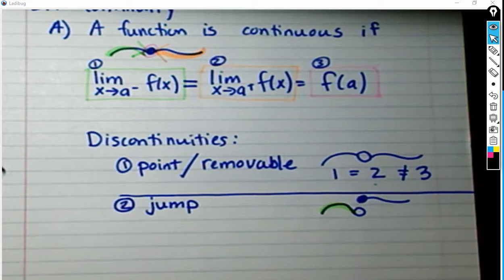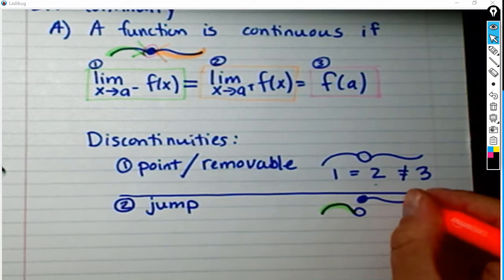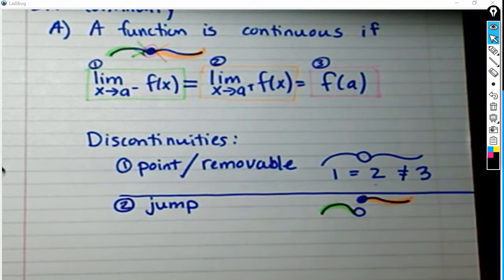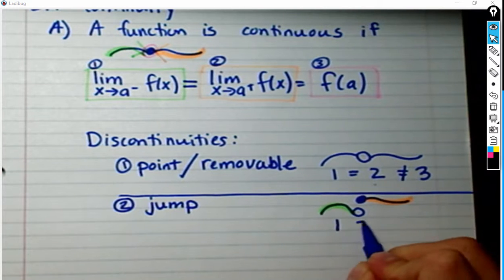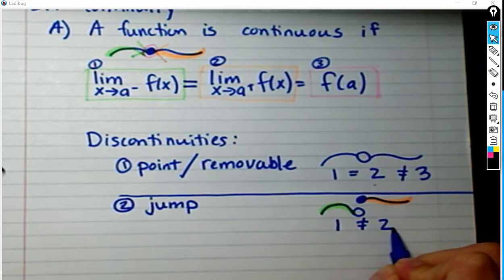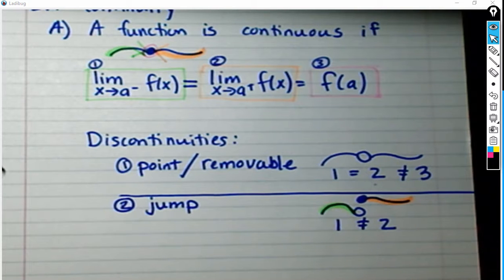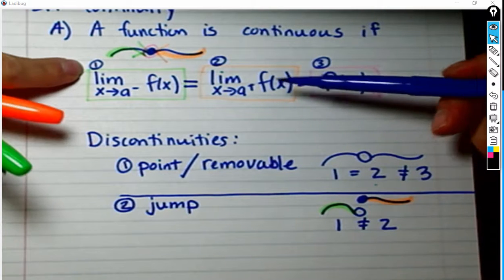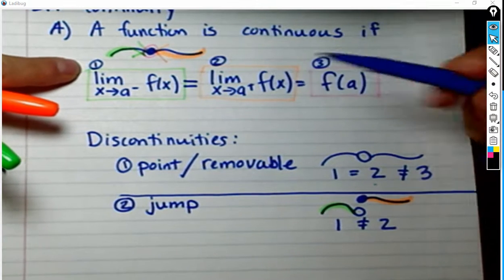So the left side, the right side. Okay, so 1 does not equal 2. The left and the right are not the same. All right, this is from up here. The left and the right are not the same.